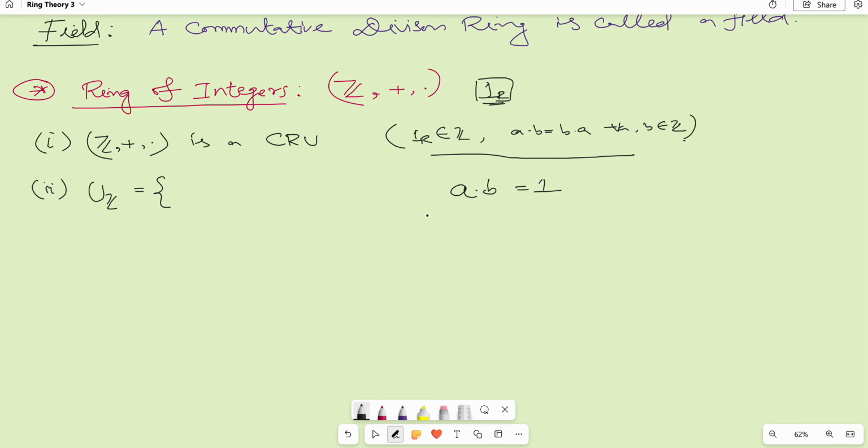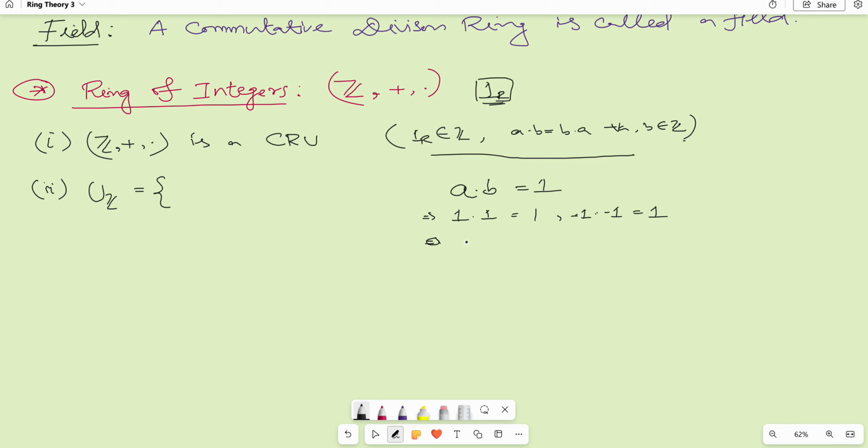What does it mean? If you take a to be 1, you choose b to be 1 and you get 1. If you take a to be minus 1, you take b to be minus 1, and minus 1 into minus 1 you get 1.